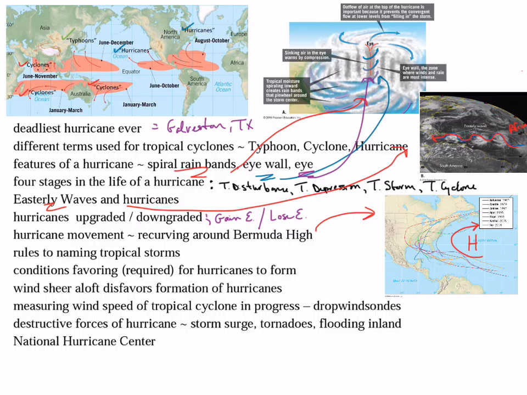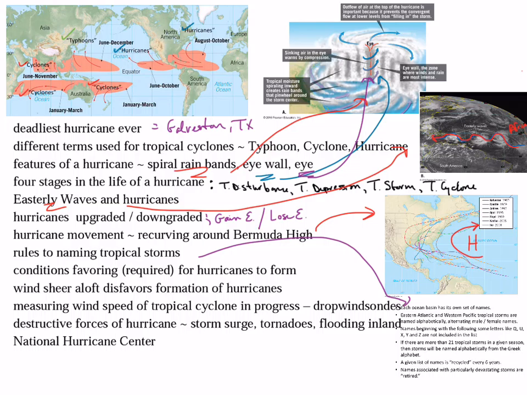Rules for naming hurricanes or tropical storms. So remember, a tropical storm is when it's first named, and each ocean basin has its own set. The second one is that, at least for our ocean basins around North America, names alternate female, male, female, male.